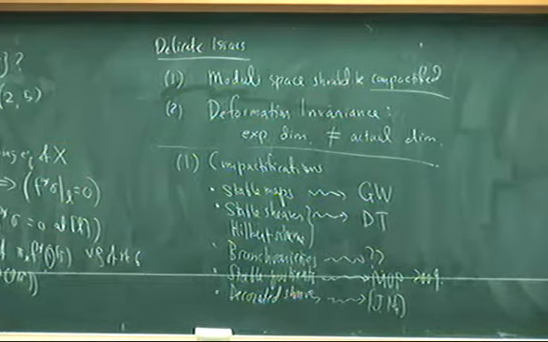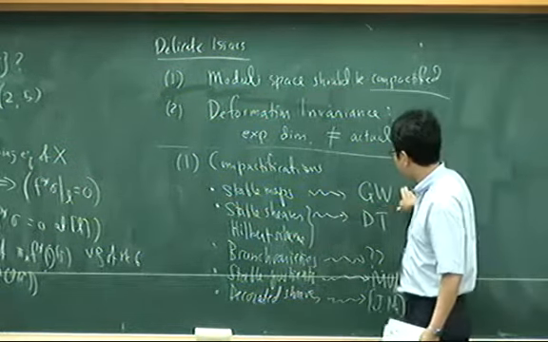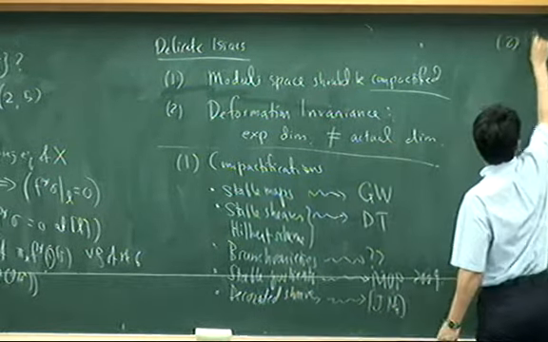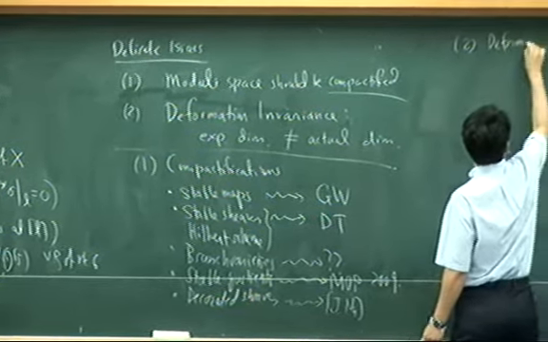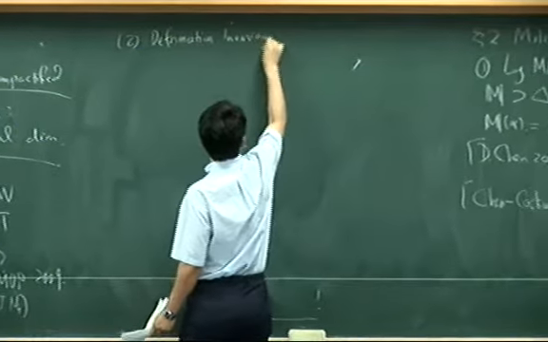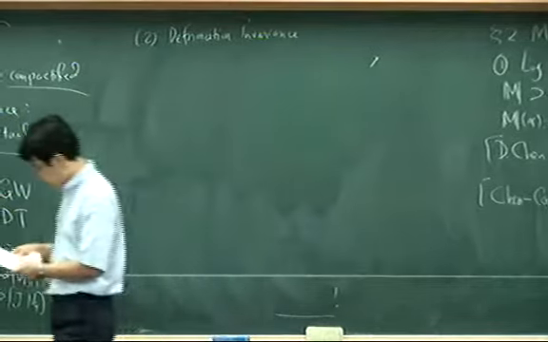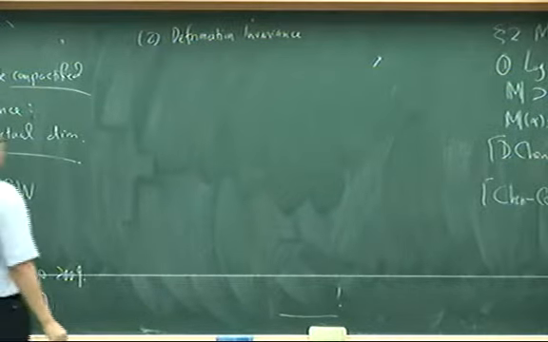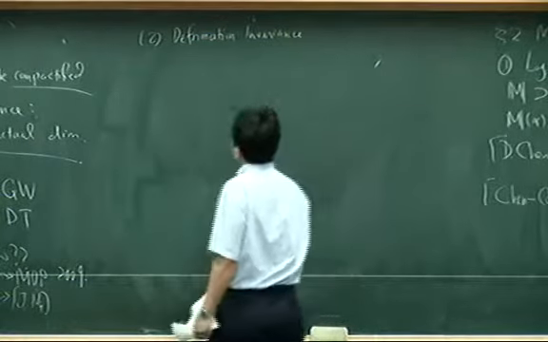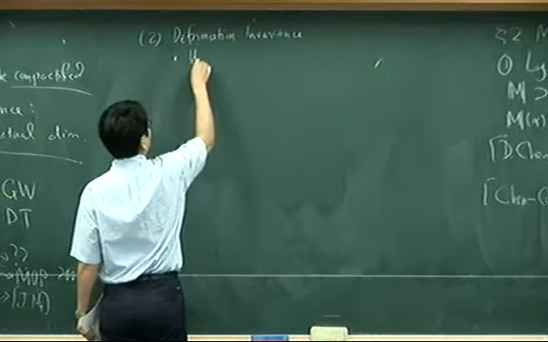So why is that? Why do some compactifications give us nice curve counting invariants, and some not? It's because of the second issue here. So the second issue is deformation invariance. The standard way of handling deformation invariance these days is to use the theory of the virtual fundamental class.